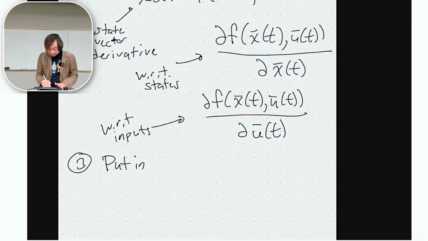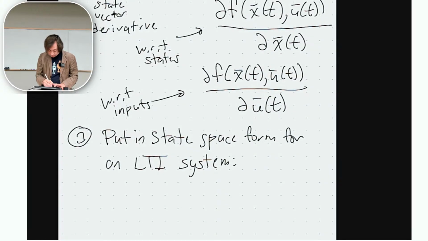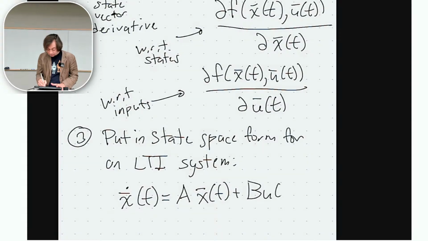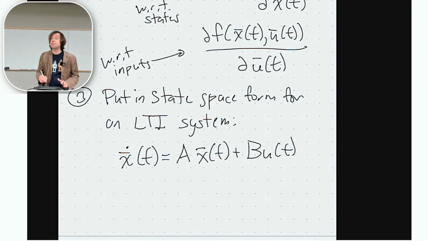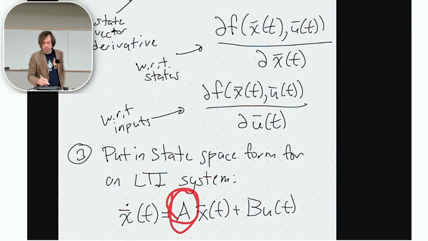You're going to put it in state space form for an LTI system, my friends. Remember, that's x dot is equal to Ax plus Bu. And guess what, my friends? That A matrix is this.